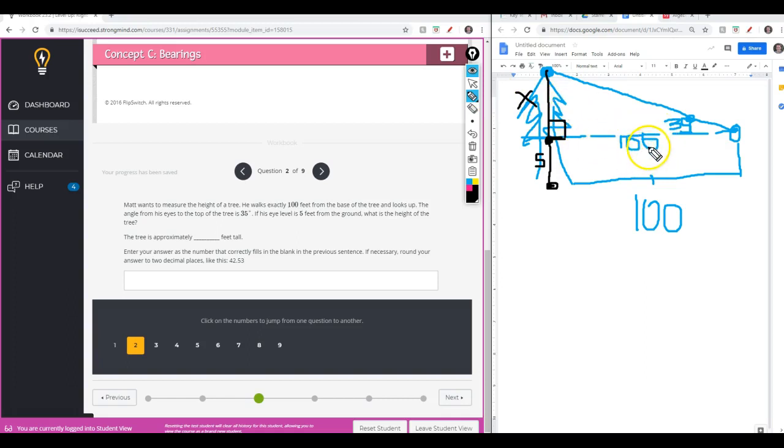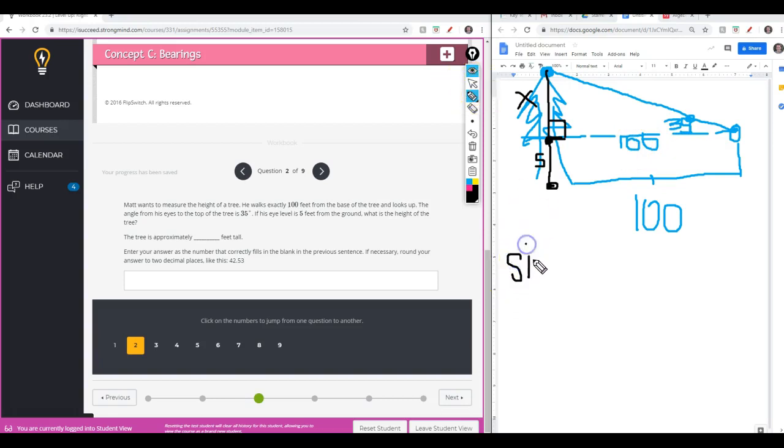We only have this 100 foot. We do not know how long that is, and we don't know the height. So we don't have everything we need for the Pythagorean theorem. We do, though, have everything to use a trig ratio because we have another angle besides the 90-degree angle, and we have one side length. So the question is what trig ratio do we use?